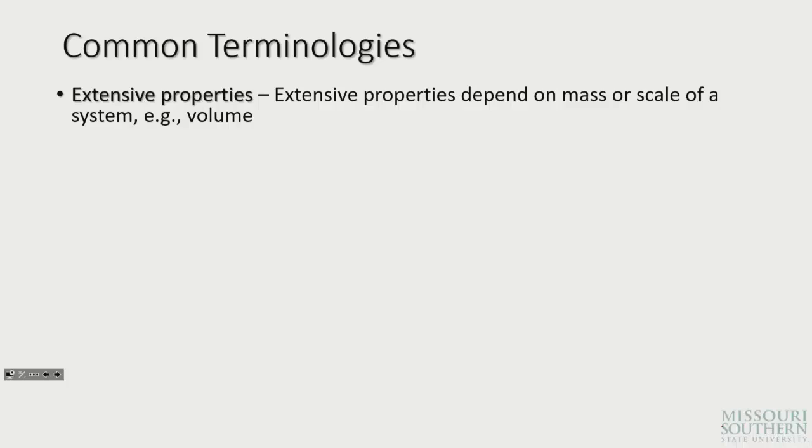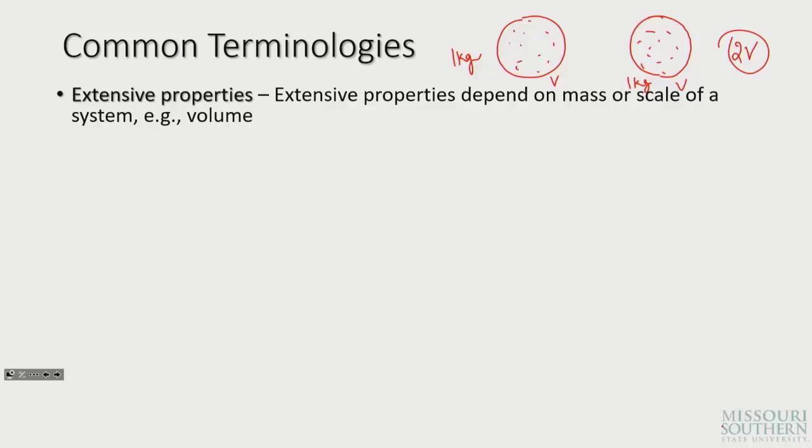So what that means is, if you have 1 kilogram of an object that has volume V, and you have another 1 kilogram that has volume V, now if you add these two, then you will get 2V.